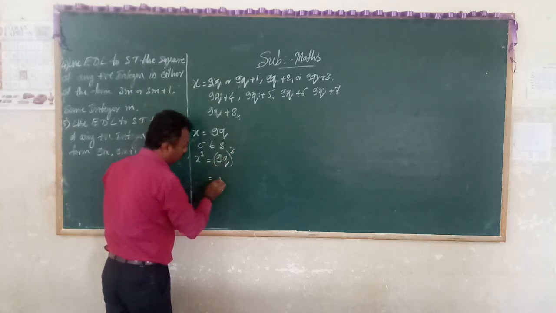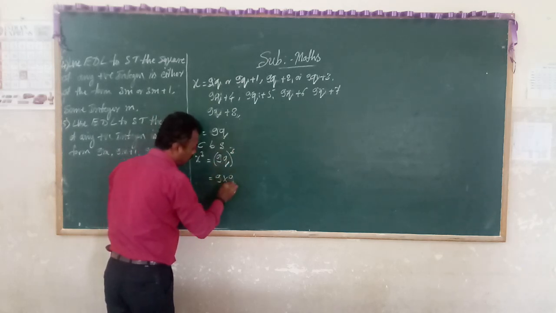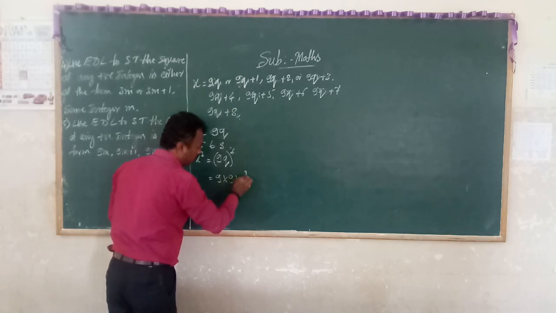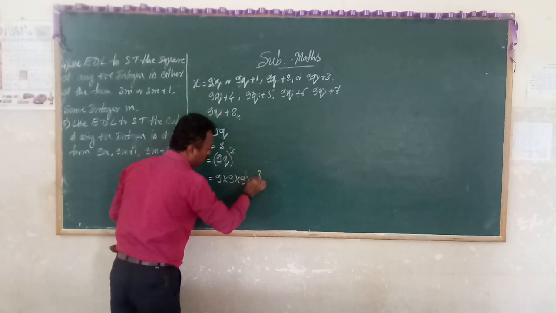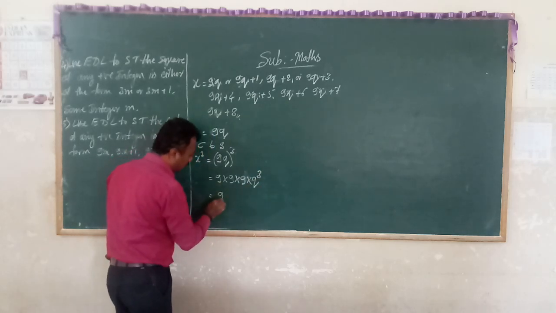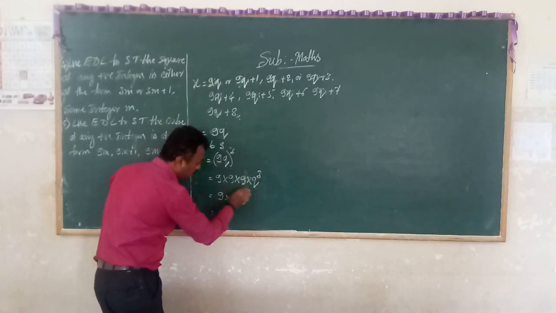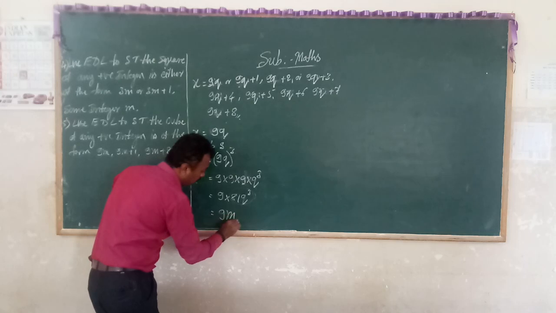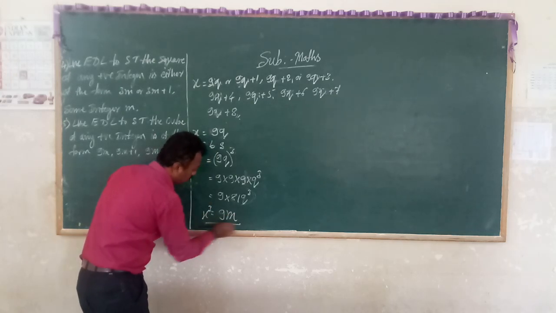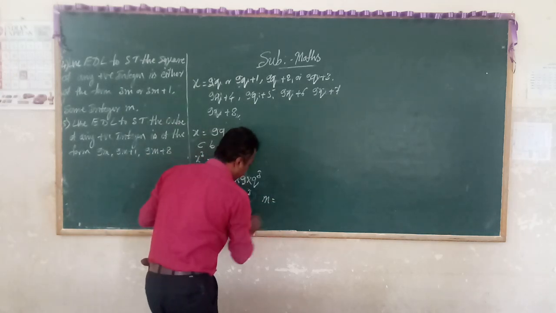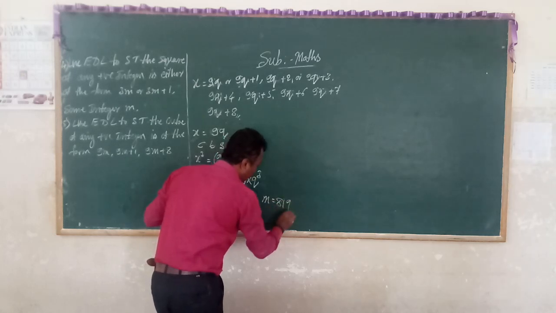So 9q whole cube means 9 into 9 into 9 into q cube. 9 into 9 is 81 q cube. So 9. So this value is instead of m. So m is some integer. m is equal to 81 q cube.